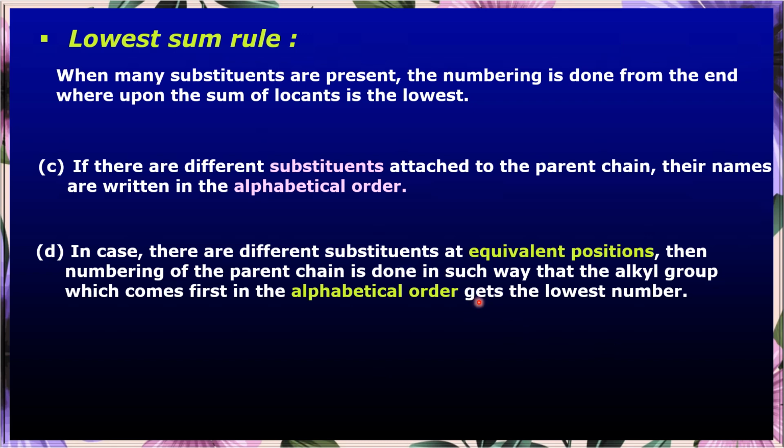Just now we have seen it. So while explaining some problems, we can use all these rules. At that time you can better understand. Okay, so these are the rules which are used for naming alkanes, IUPAC rules.